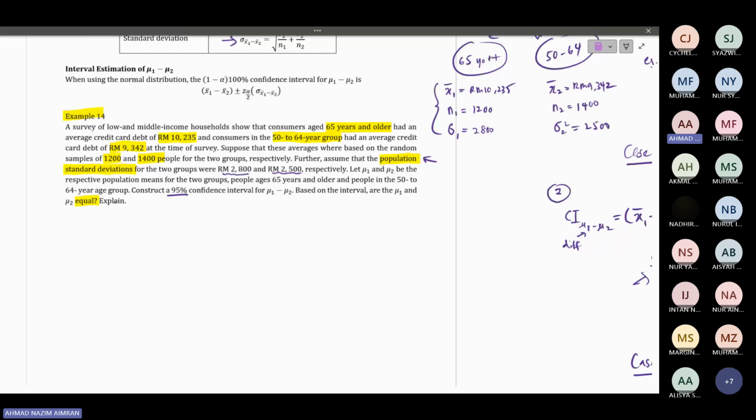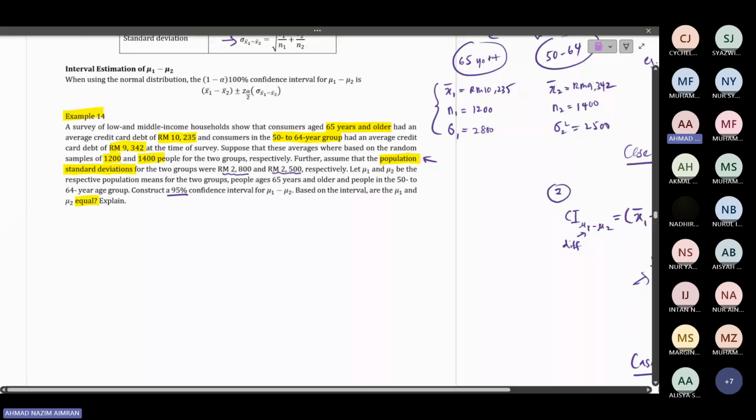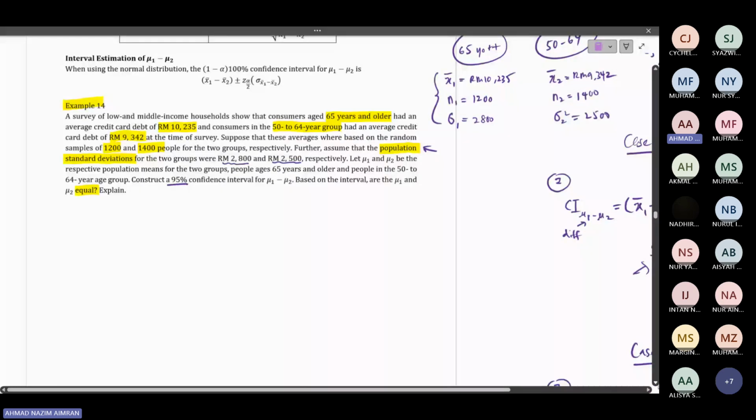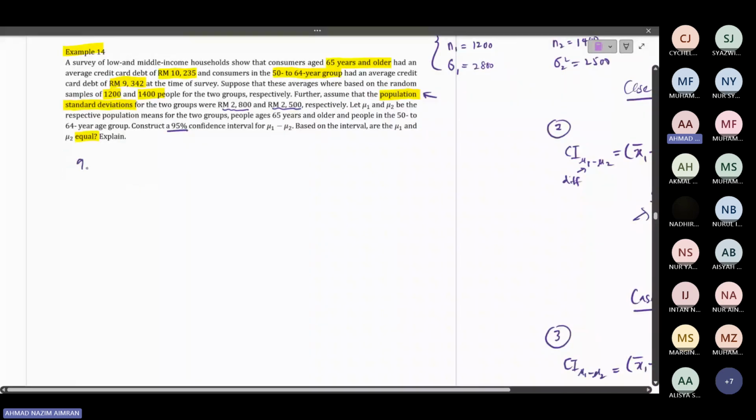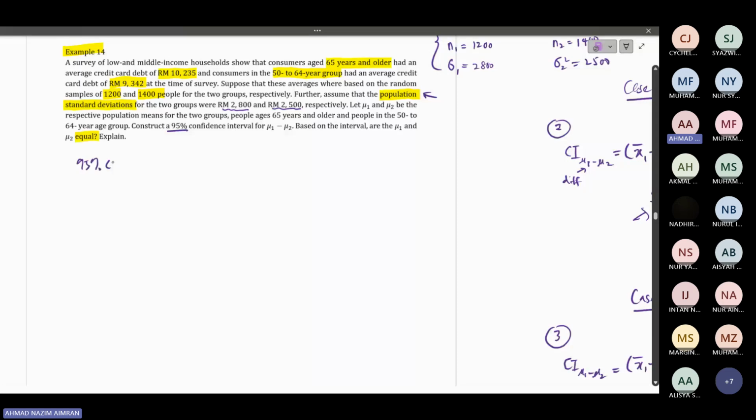Now construct a 95% confidence interval. What you have to do is actually the same as for one population. A 95% confidence interval means that alpha is equal to 1 minus 0.95, so this is equal to 0.05, and alpha over 2 is equal to 0.025.